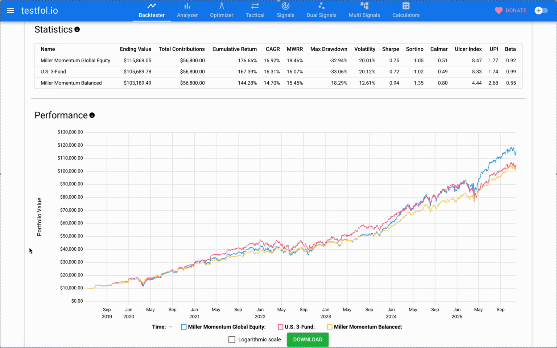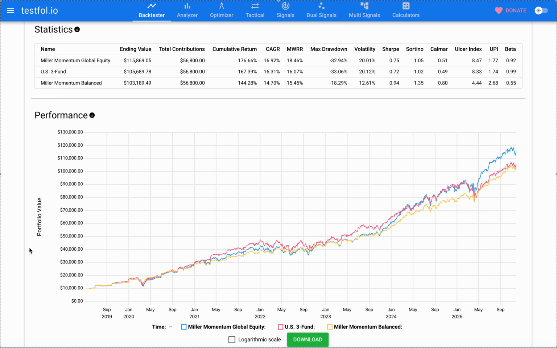But here's what I find most surprising: Miller Momentum Balanced, which only allocated 60% to the global equity momentum strategy, comes in just shy of about $2,000 from the US 3 fund. So it is neck and neck with the US 3 fund right now if you had started saving in 2019.